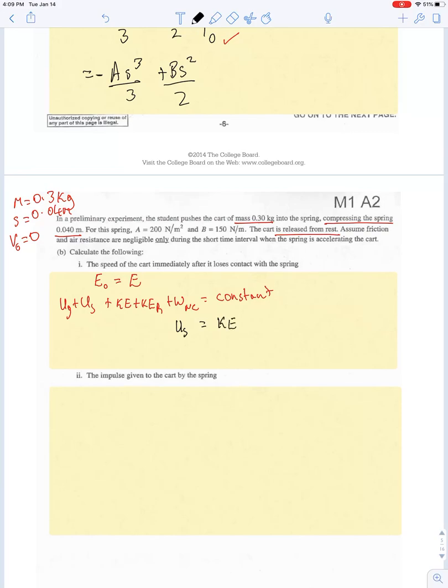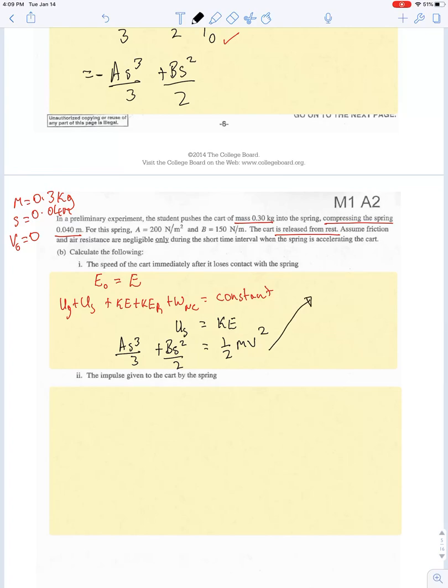Right? And then you just substitute here. The spring potential energy you already found, which was A s cubed divided by 3 plus B s squared divided by 2, should be equal to half m v squared. And solve for v, which should not be that difficult.